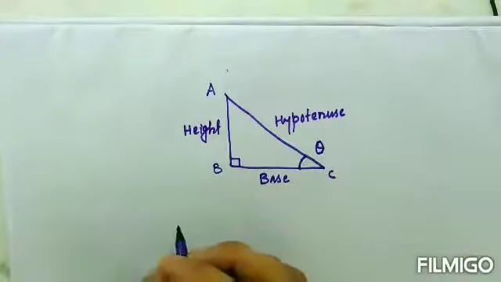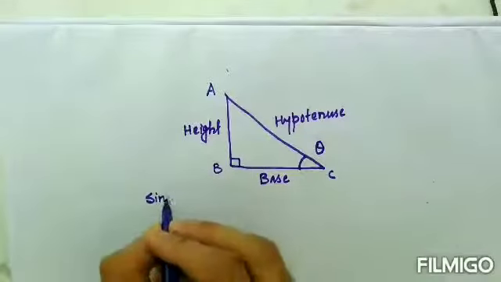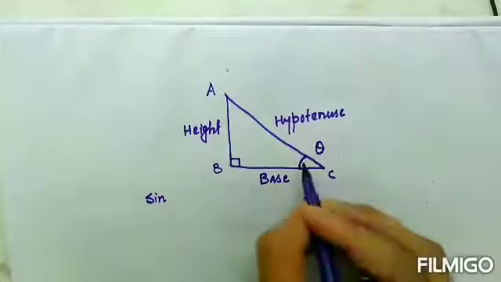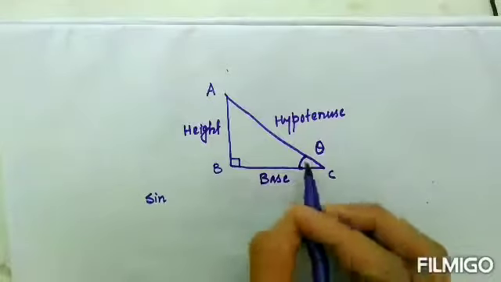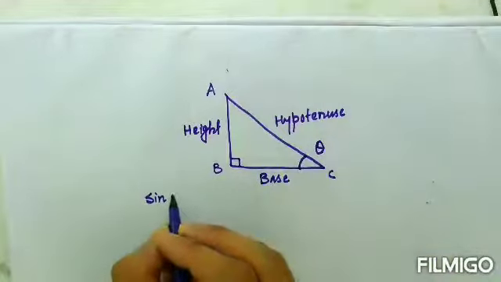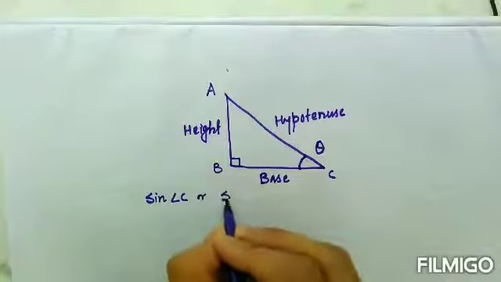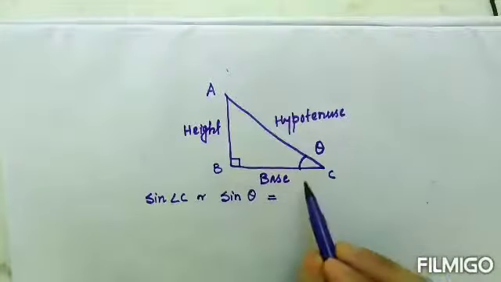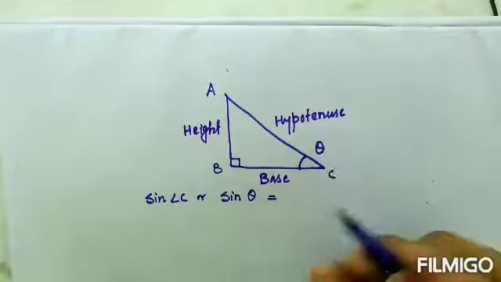First of all, the first ratio is sine. This ratio is only complete when we consider one of the angles. For this figure we are considering angle theta, that is angle C. So sine angle C, or we can write it as sine theta, is the ratio of height and hypotenuse.